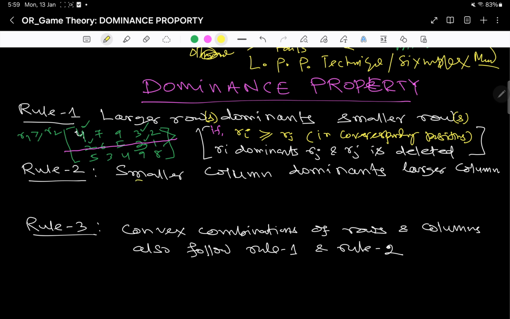Now coming to the second property: a smaller column dominates the larger column. At a time we may also consider more than one column.